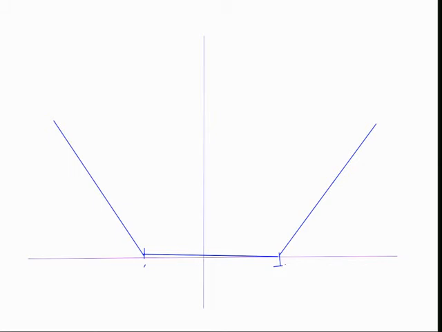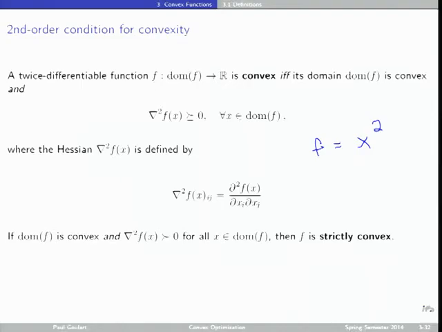Because if you want to check for convexity, sometimes it's easier to check one way or the other. If I just give you a function and ask you to check if it is convex, then the easiest thing to do is start with the definition. And if that looks horrible or you can't do it, then start differentiating it and see if that makes it any easier.